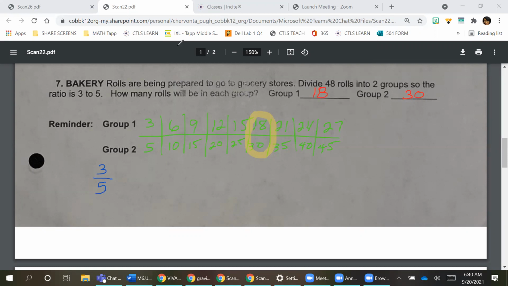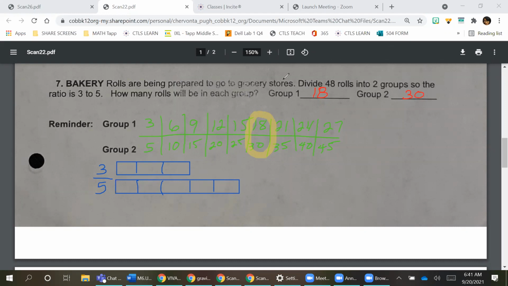I am going to put 3 bars or boxes, and then 5 bars or boxes. It doesn't have to be perfect, because as you can see, mine definitely is not. But I have 3 bars, 1, 2, 3 up here, and 5, 1, 2, 3, 4, 5.